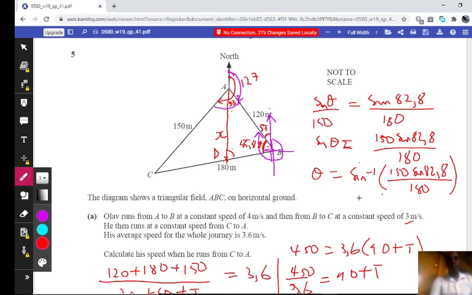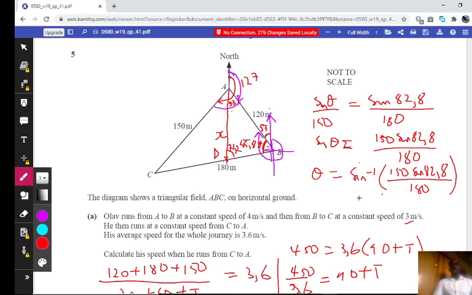Then using this small triangle, you can find this angle that I wanted to find initially. Using angles in a triangle, 180 minus 55.8 minus 53, then you get 71.2. So this angle is 71.2.